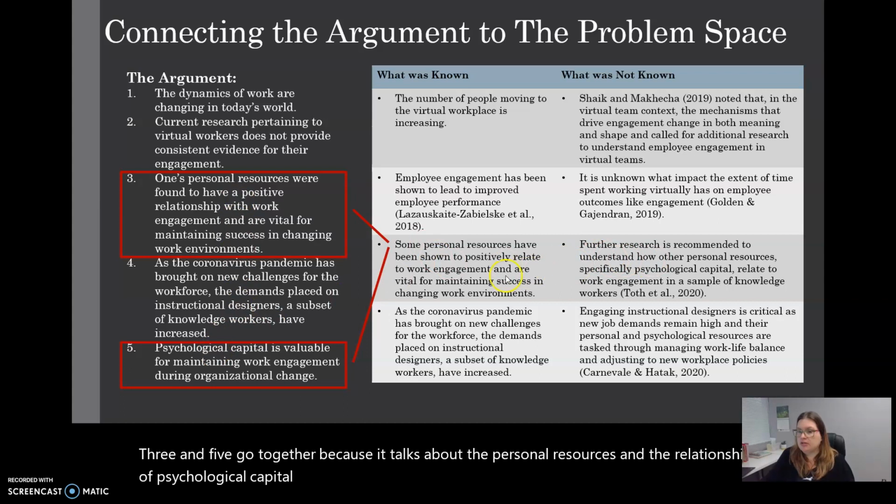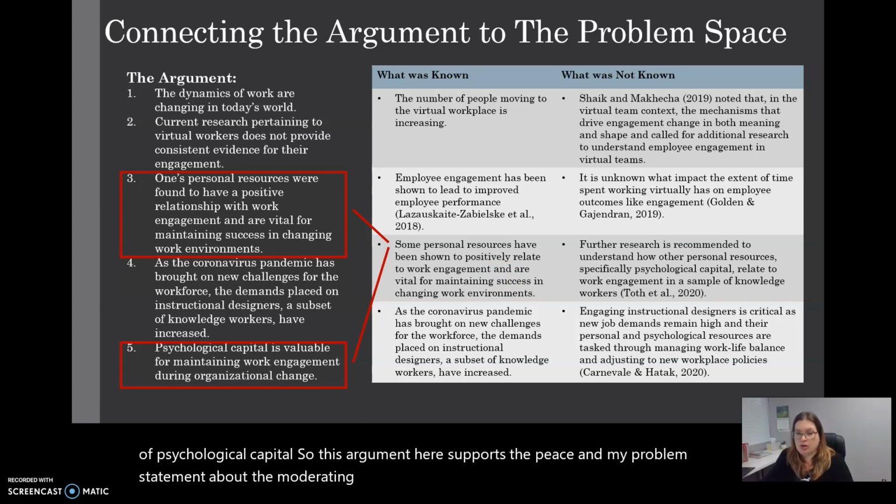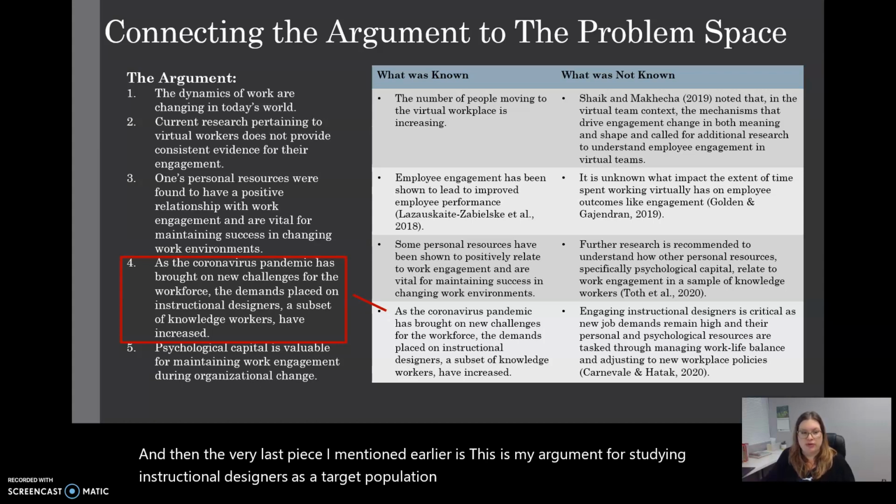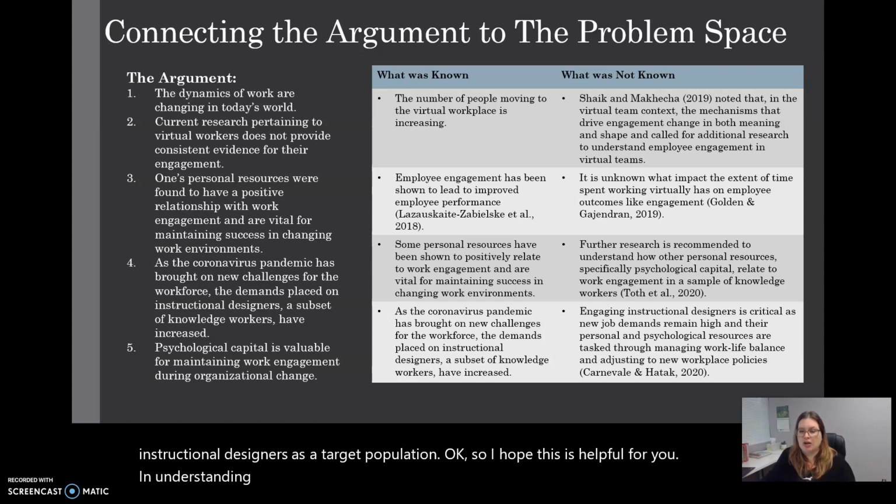So this argument here supports the piece in my problem statement about the moderating effect of psychological capital on work engagement. And then the very last piece I mentioned earlier is this is my argument for studying instructional designers as a target population.